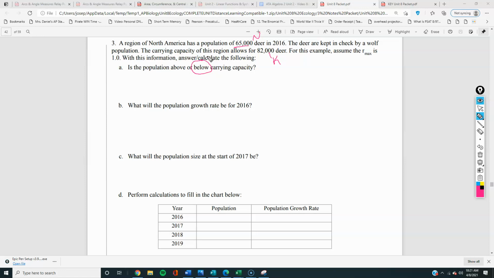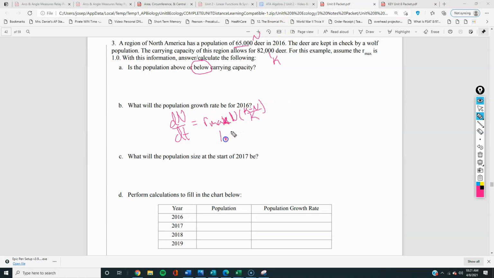If you're feeling good about this, try it on your own and see if your answer matches up with mine. But we're going to do change in numbers over change in time equals R max times N times our K minus N over K. All right. So let's plug in what we know.